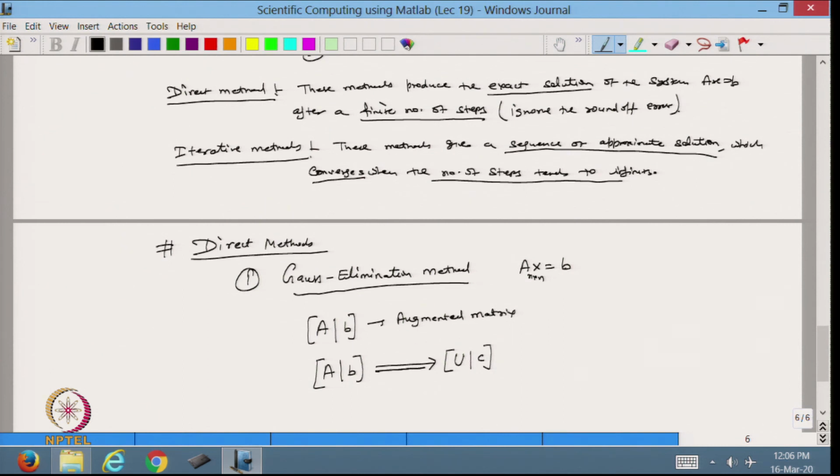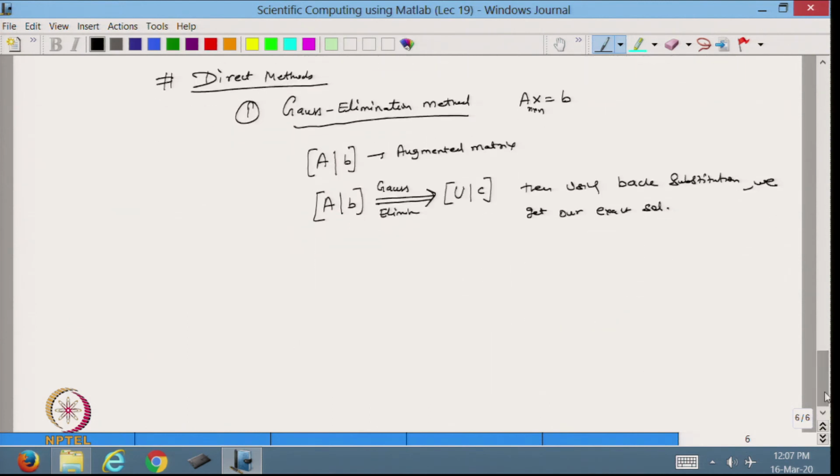We are converting this augmented system into another augmented system using Gauss elimination, and then using back substitution we get our exact solution.